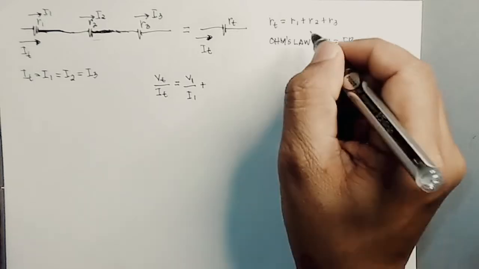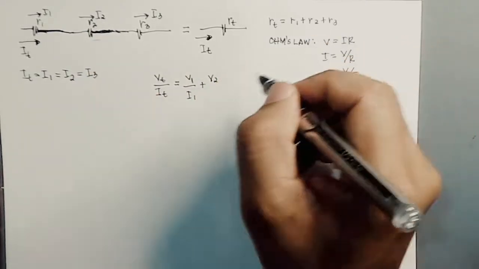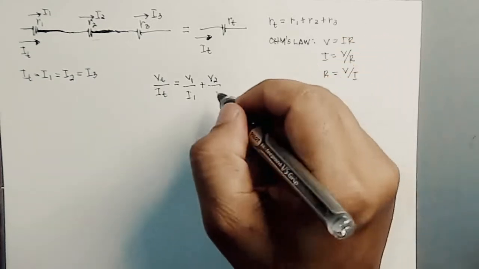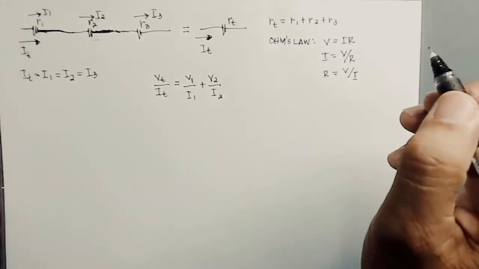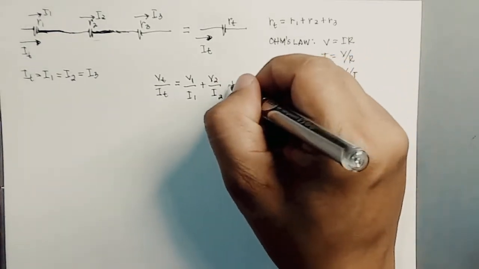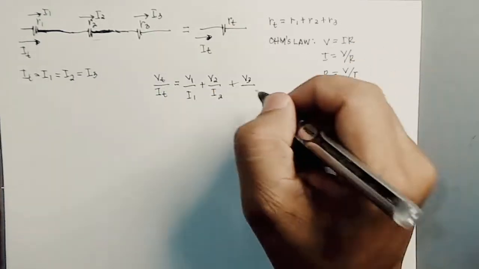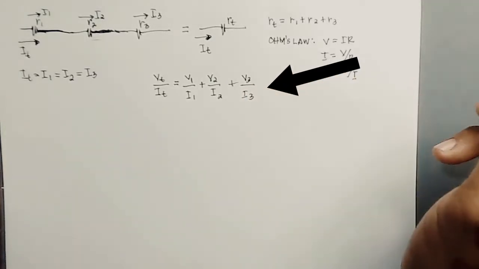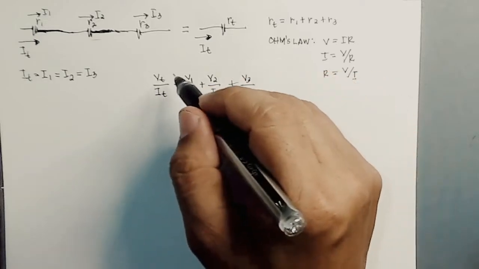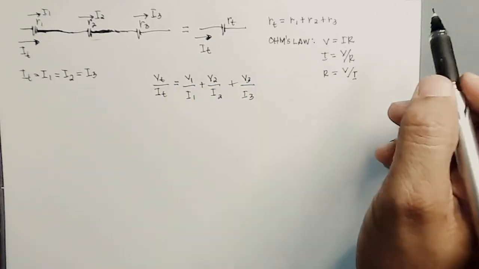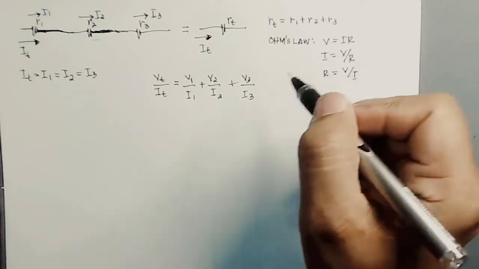So also for R sub 2, that will be V sub 2 over I sub 2. And also for R3, we have here V sub 3, the voltage is here, over I sub 3.